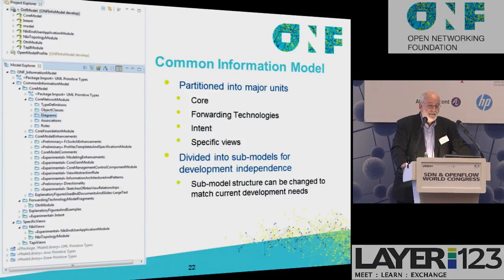The important top-level points are that it's partitioned into major units such as the core, forwarding technologies, intent, and specific views, and then divided into submodules for development independence, so you can have submodules that match current development needs as they change over time.